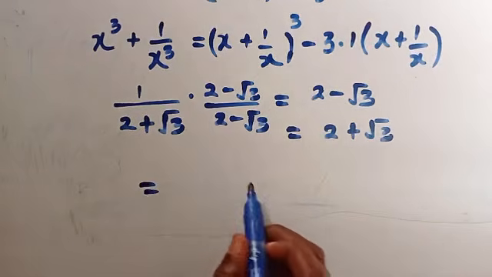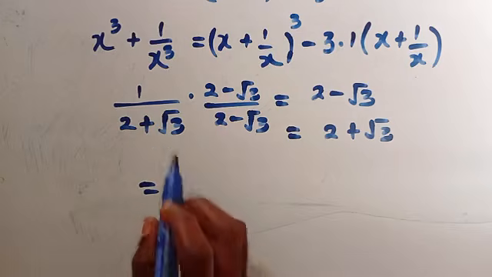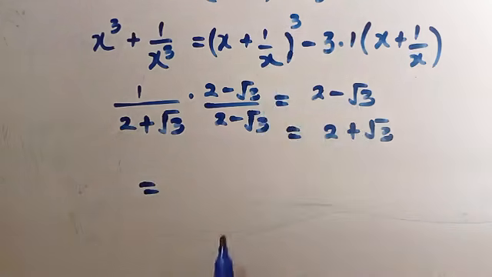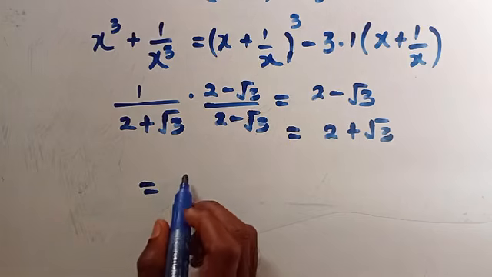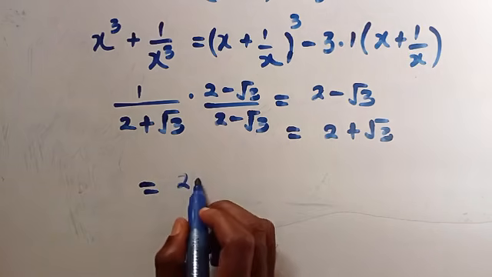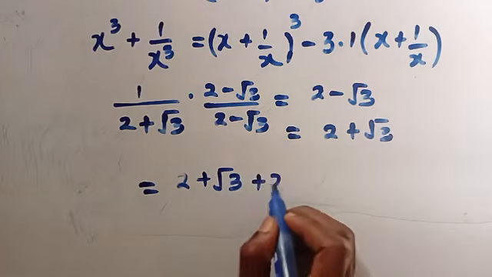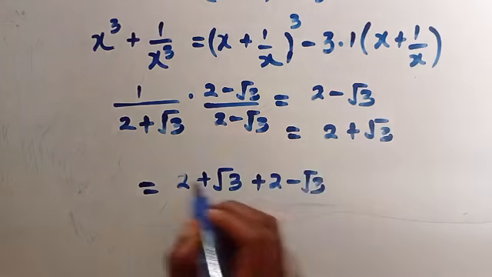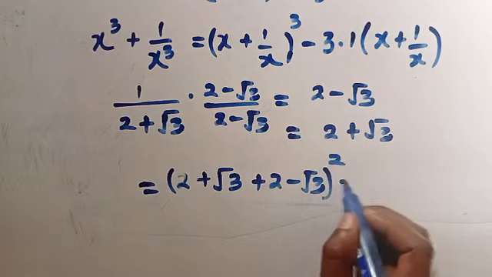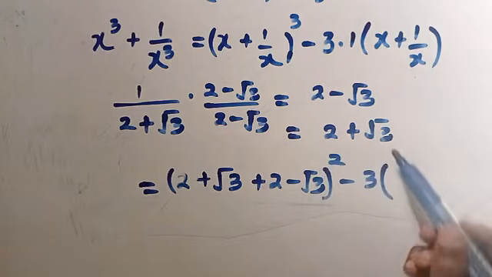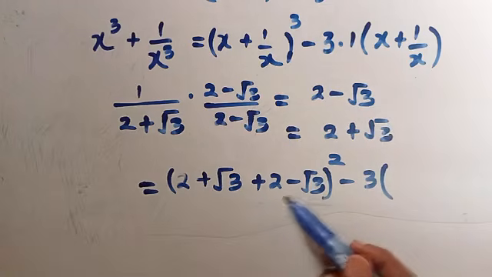Therefore, when x equals 2 plus root 3, 1 over x gives us 2 minus root 3. So by trying to substitute it, we have 2 plus root 3, then plus 2 minus root 3, all raised to power of 2, minus 3 into bracket of, applying the same thing here, 2 plus root 3 and 2 minus root 3.